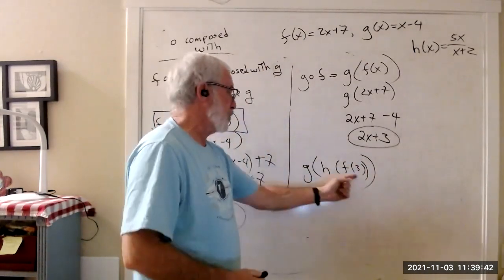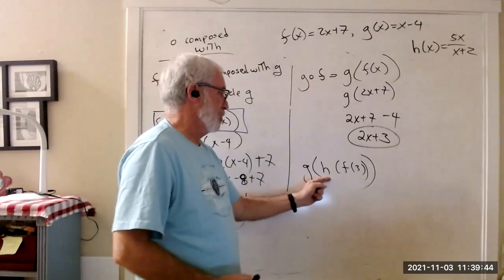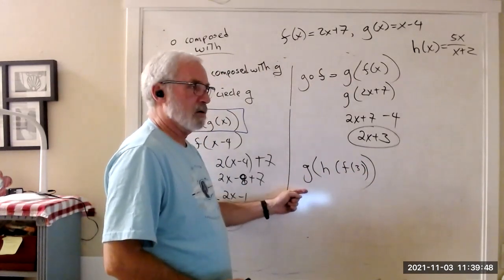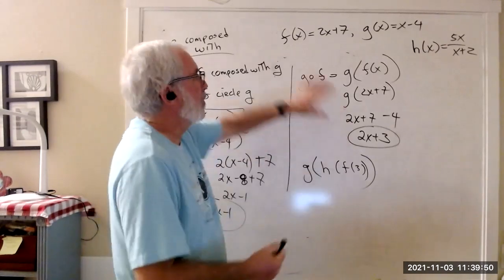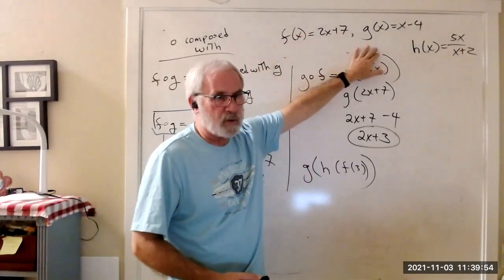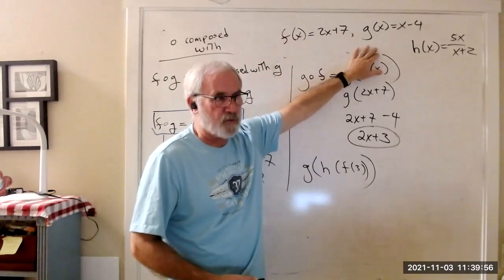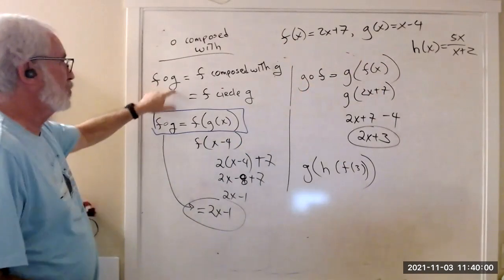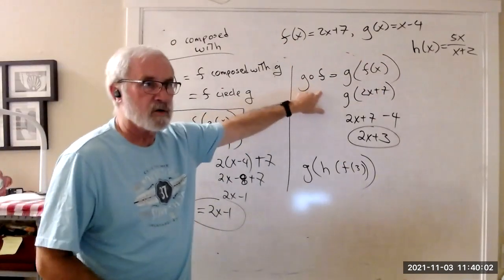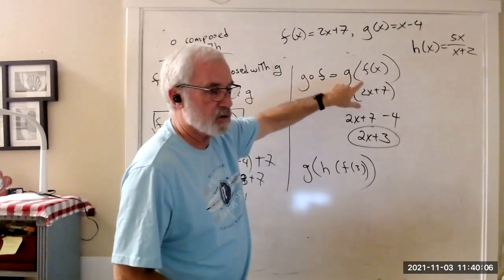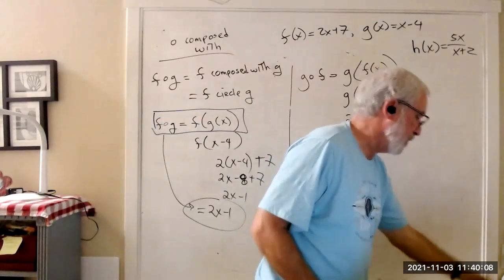And take that answer and put it into h. And take that answer and put it into g. Okay, so we get weird, but we're only sticking with 2 functions at a time. That's all I will test you on, just 2 functions. But I will use this notation, F circle G or G circle F, or I may use the parentheses notation. You need to be prepared for both of those.